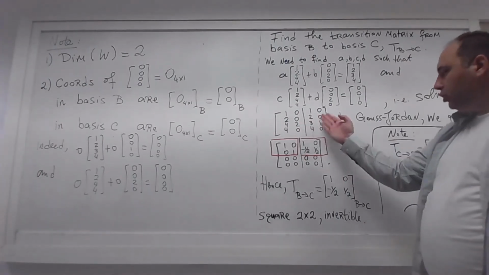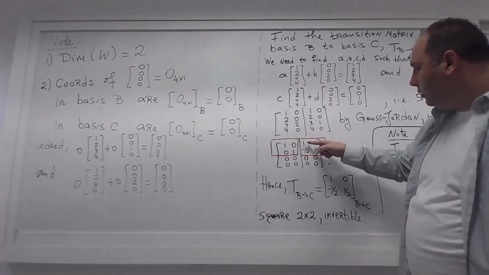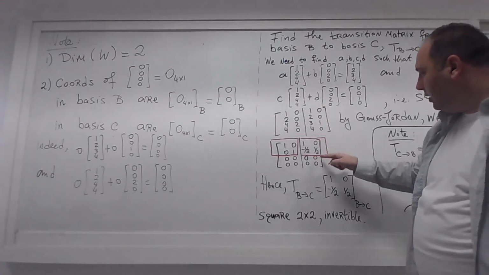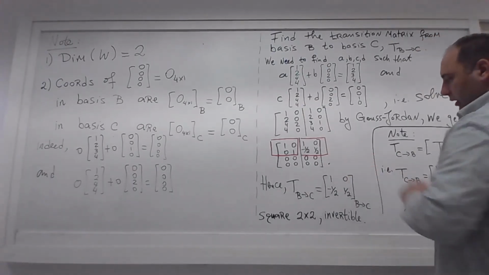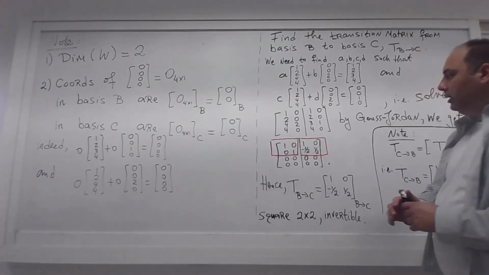Okay, so the solution of this system is simply for A and B, A is 1 and B is negative 1 over 2. C and D, C is 0 and D is 1 over 2. So we just put them in our transition matrix. So you see how easy it is.